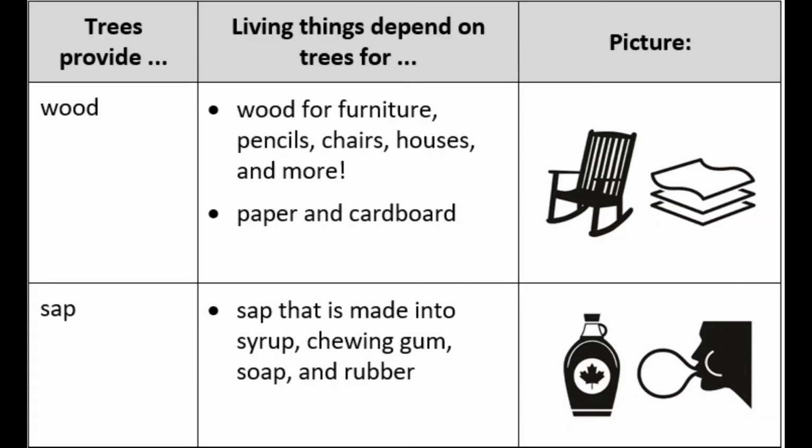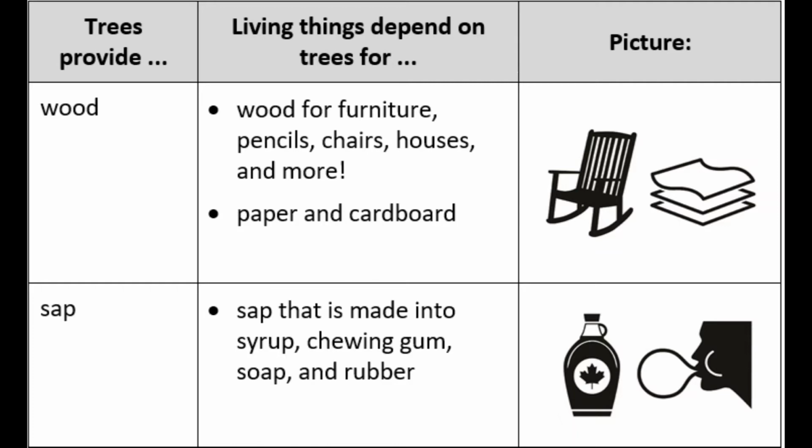We know another thing that trees provide is sap. Living things depend on the trees for sap that is made into syrup, like maple syrup you put on your pancakes, chewing gum, soap to wash your hands, and rubber to maybe make some of your toys or the tires you see on cars.